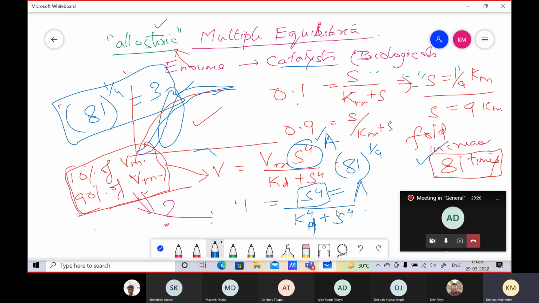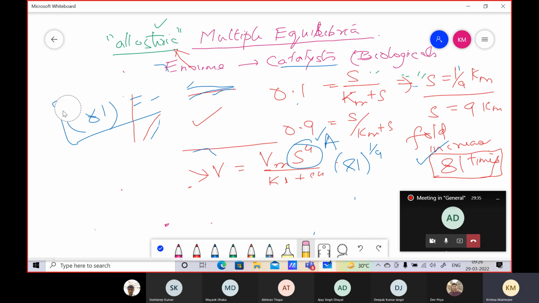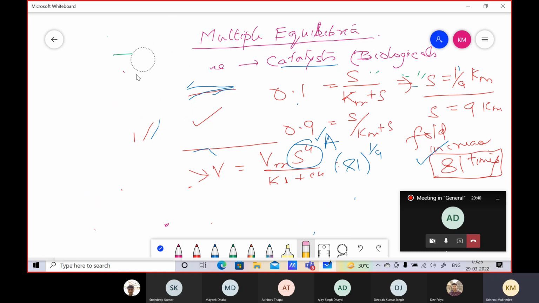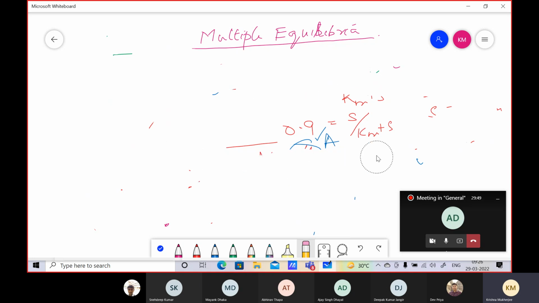This was just an example of the Hill equation and a simple understanding, but we now need to understand multiple equilibria in more detail. I think we have a couple of lectures available. I could have skipped that part, but it is important for you to understand some more detail of multiple equilibria. So we will begin with the basic concept of multiple equilibria, because there are certain important concepts here, and let us go through it very slowly.